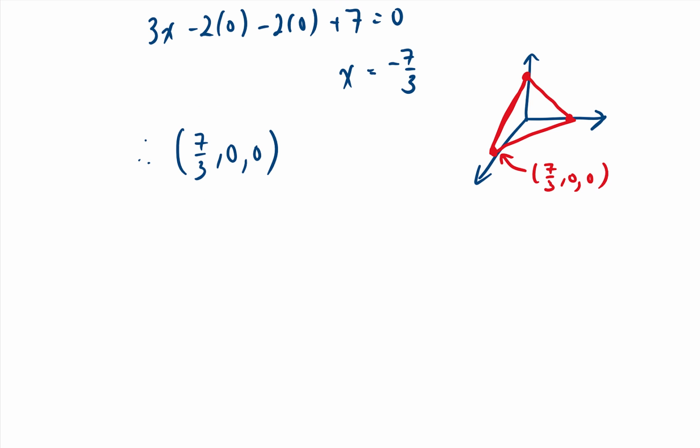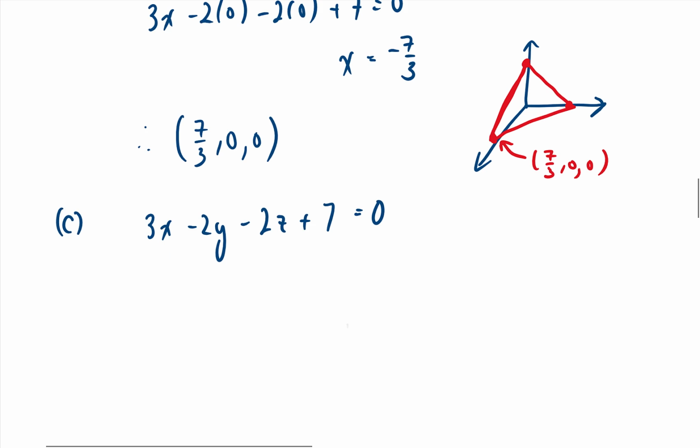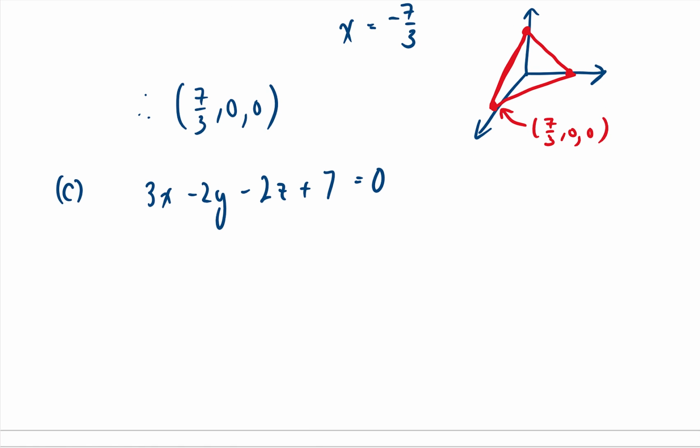And C, determine any other point on the plane. Well, it's the same idea. I have 3x minus 2y minus 2z plus 7 equals 0. All I need to do is pick x and y values and then solve for the remaining variable. So for example, I could let x equal -1 and y equal 2.